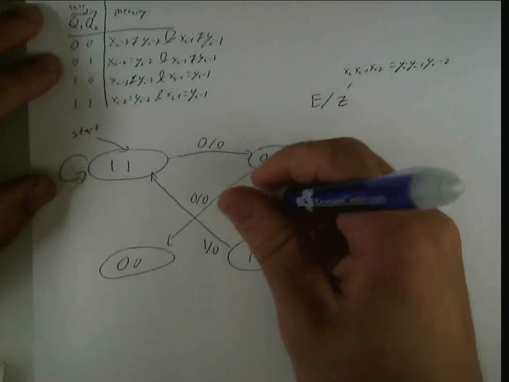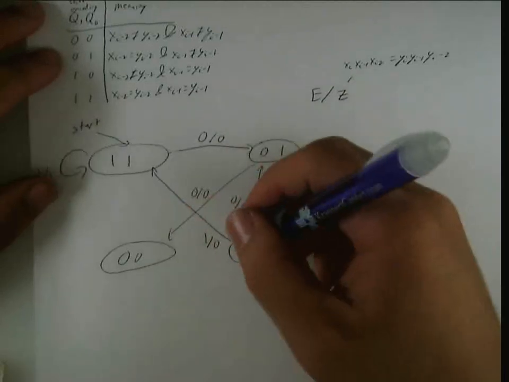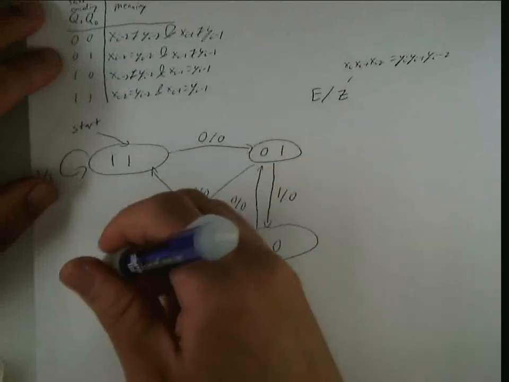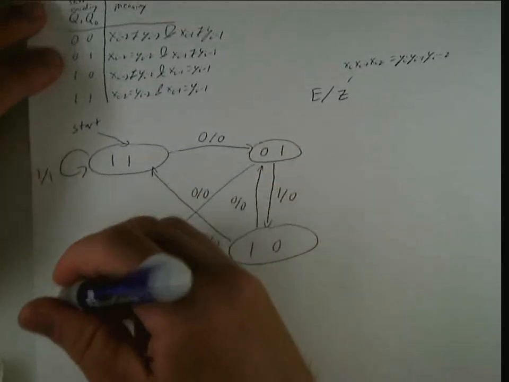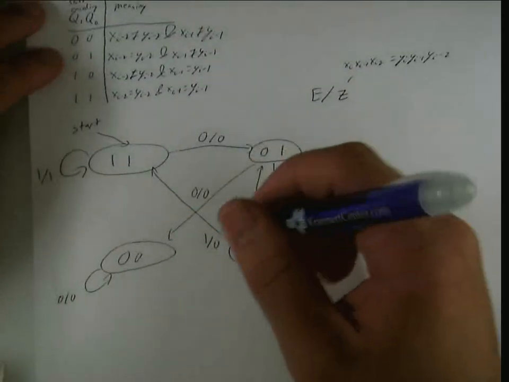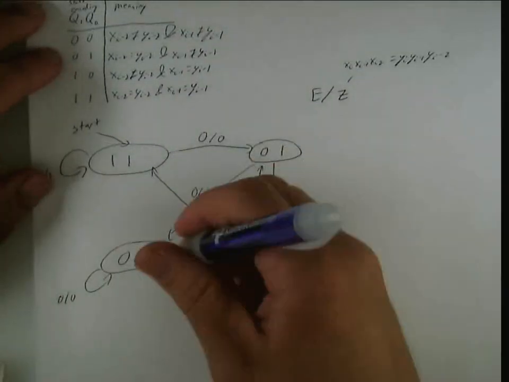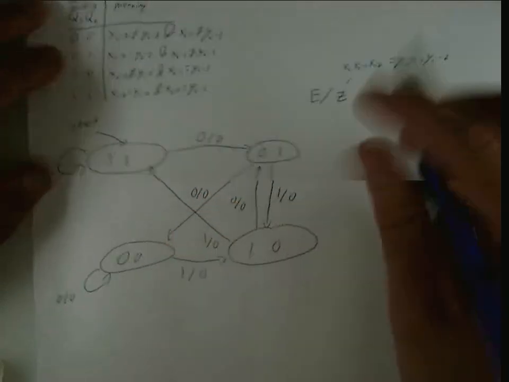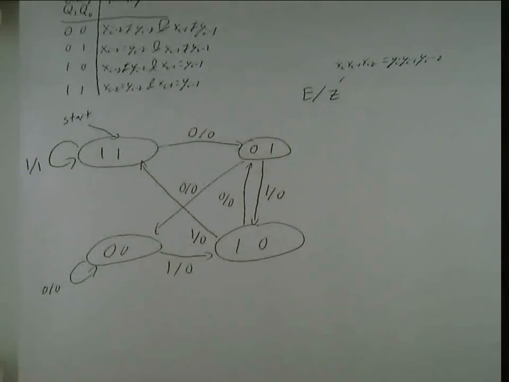So this is 0 / 0. And if I find out that there's again not equal, this is going to stay put. So 0 / 0. And if I find out that the first one is equal, then it goes back to here. So 1 / 0. So that's my state diagram.